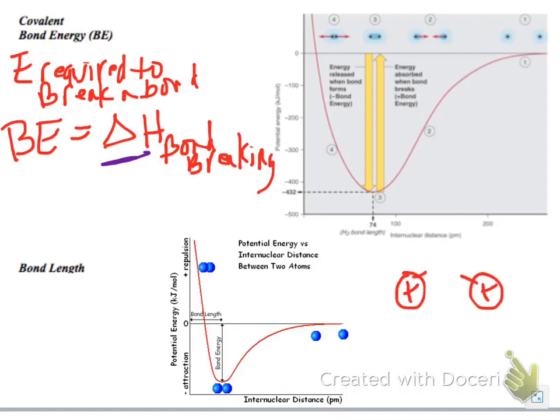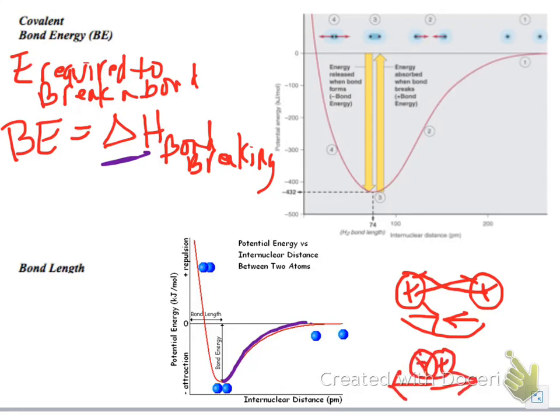So again, if we think about what's happening with two hydrogens when they come together, the electrons from one are being attracted to the nucleus of the other, causing some attraction. And as they get closer and closer, that attraction causes this potential energy to reduce. Now, if they get too close together and their nuclei start to overlap, they're going to have repulsion.